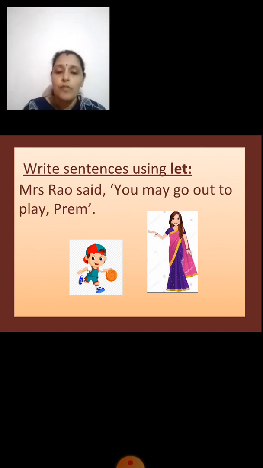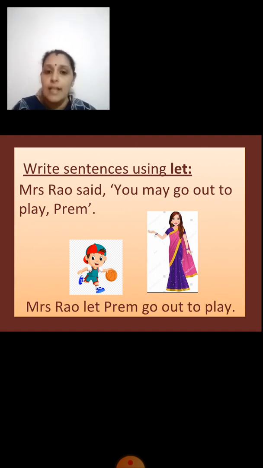Whom has she allowed? Prem. So I'll write Prem after that. Mrs. Rao let Prem do what? Go out to play. So I will write the sentence as Mrs. Rao let Prem go out to play.